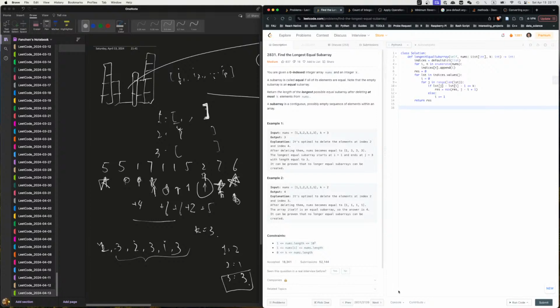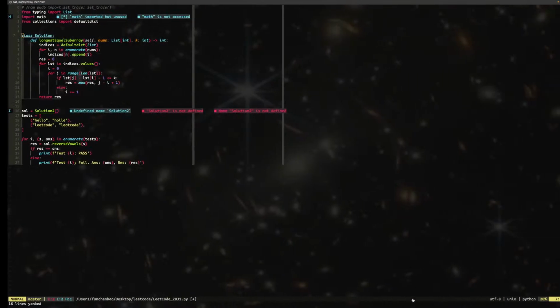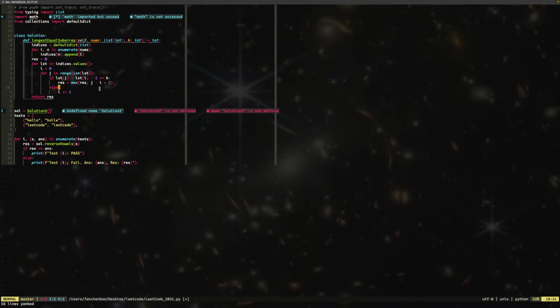I'll run these two and see if it works. Does it work? The second one doesn't work. Huh. Well, I think it doesn't work because we didn't check at the end. We need to check at the end.